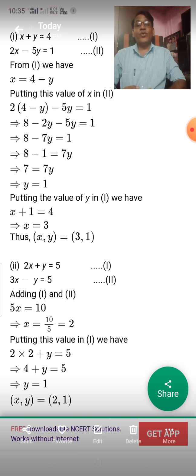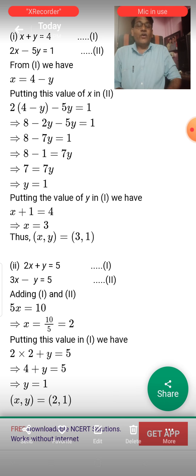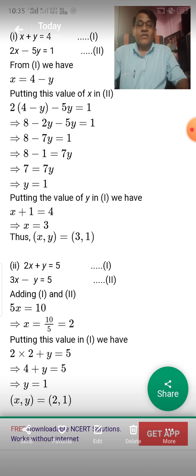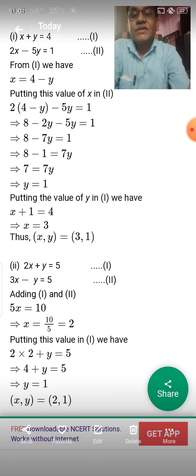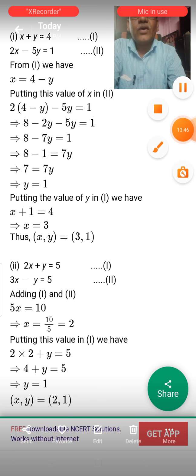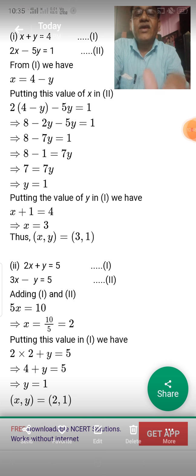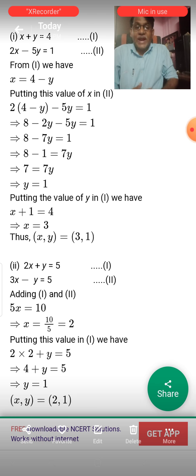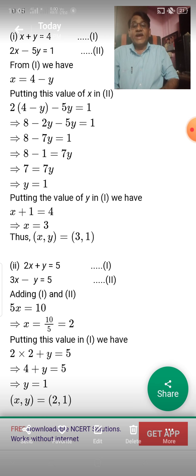Then you get 2 into 4 minus y minus 5y is equal to 1. Now you multiply the bracket by 2. That is 8 minus 2y minus 5y is equal to 1. So 8 minus 7y is equal to 1.